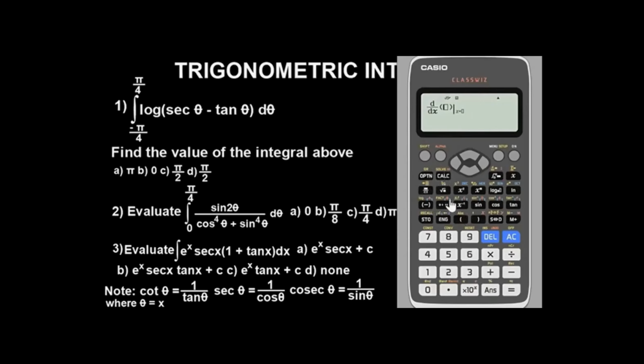So let's begin with the fraction 1 over cos. Let's not have that issue again. So we open the exponential and shift ln and alpha x.